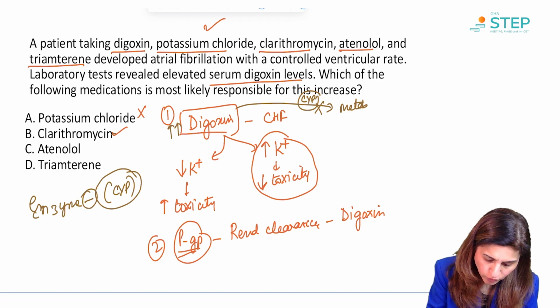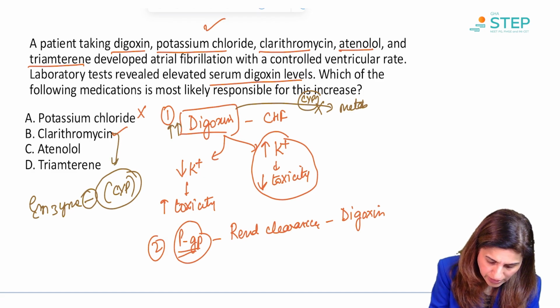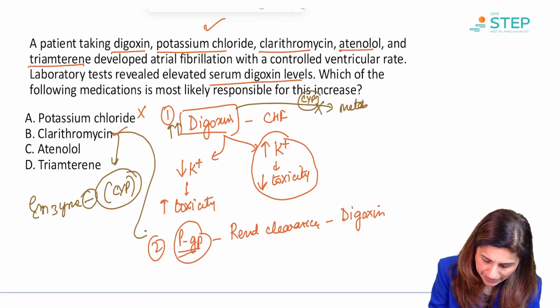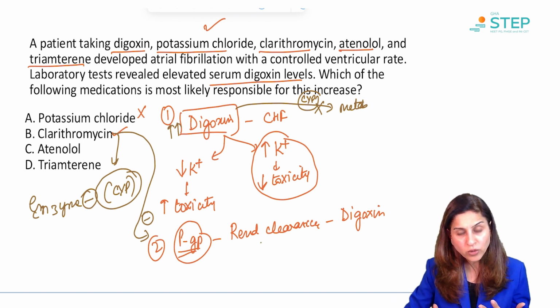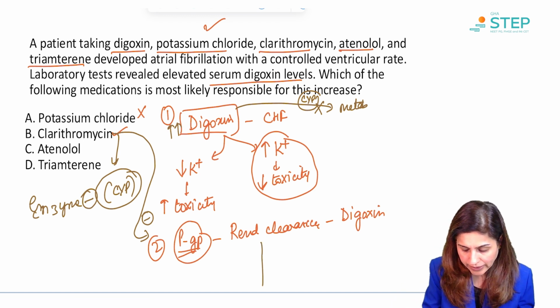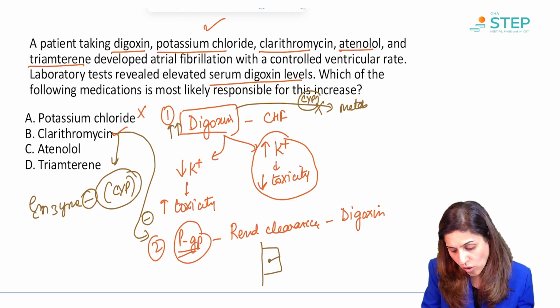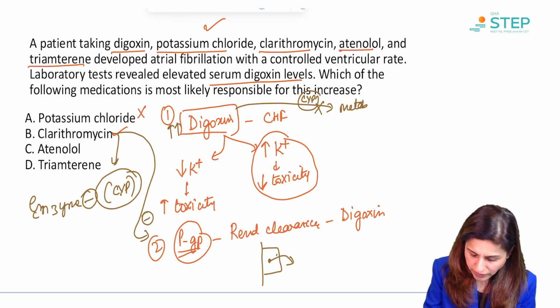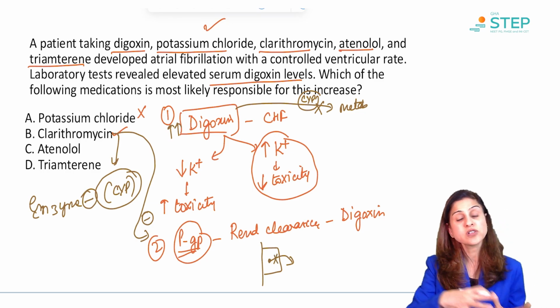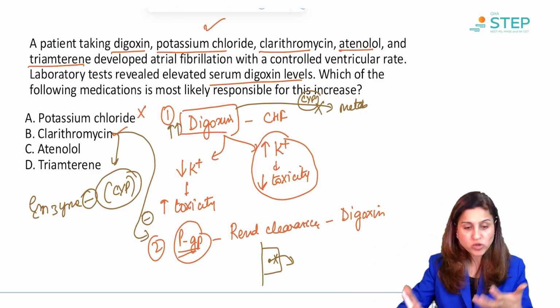Number two, not only is it doing this, it is also a P-glycoprotein inhibitor. What is P-glycoprotein doing? Let's say this is a cell. Now this P-glycoprotein is causing the clearance of digoxin. But if you are inhibiting this P-glycoprotein, digoxin is not going to be cleared from the body. It's going to be retained.